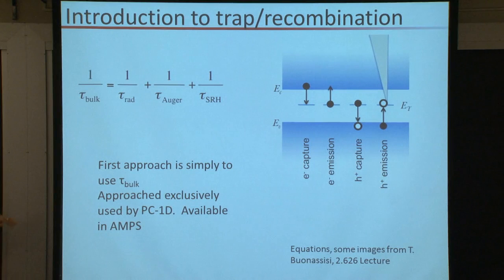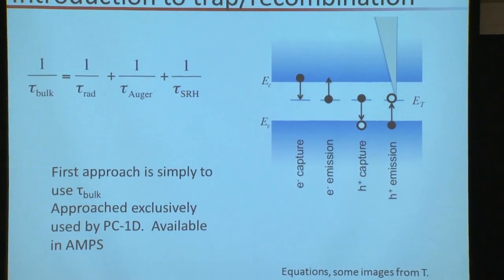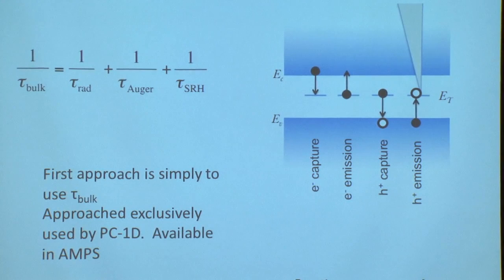The second level of abstraction is to break up your bulk recombination times into the different components. In particular, Shockley-Read-Hall recombination is very important for these materials. As you remember from class, you basically have traps between your conduction band and valence band. You have carriers in these two bands, and when they recombine, that effectively reduces your current.